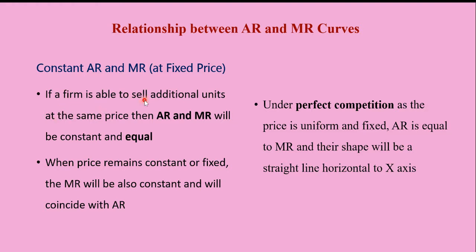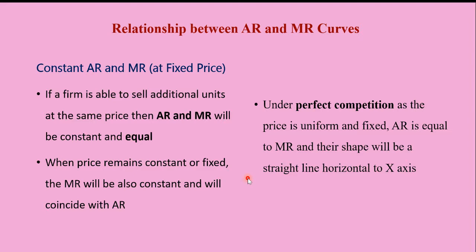If a firm is able to sell additional units at the same price, then AR and MR will be constant and equal. When price remains constant or fixed, the MR will also be constant and will coincide with AR. So this can happen only under perfect competition.